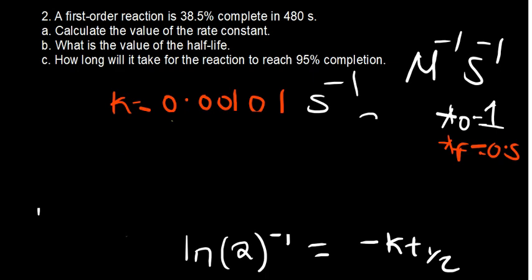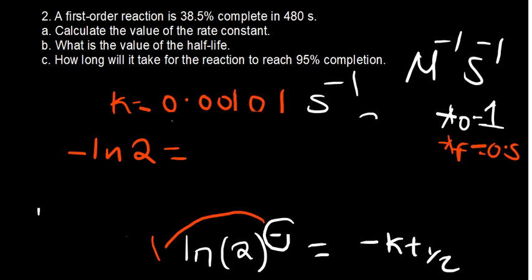Logarithms tell us that the power can be dropped to this side. So what do we have? The natural log of 2 equal to negative k t 1 over 2. So the negatives would go, and you remain with the positive.